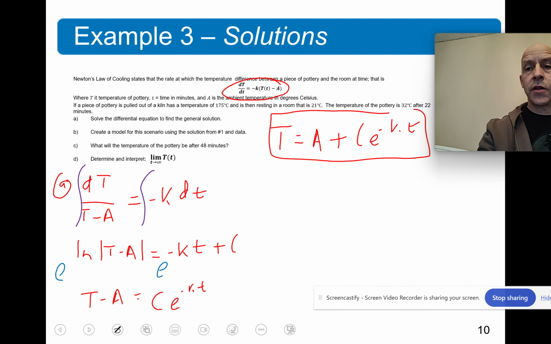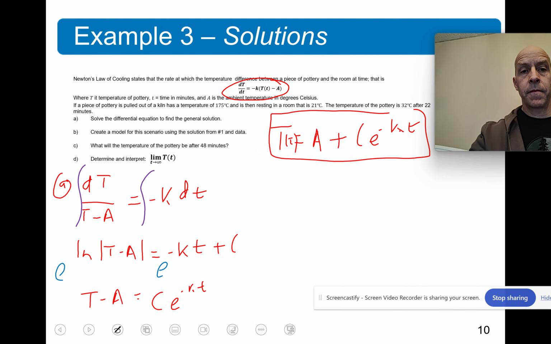This is our general solution. That's a k. And again, the input variable here is this lowercase t, so maybe I'll put a little t in there. That's a t. So there's our solution, and that's our model.